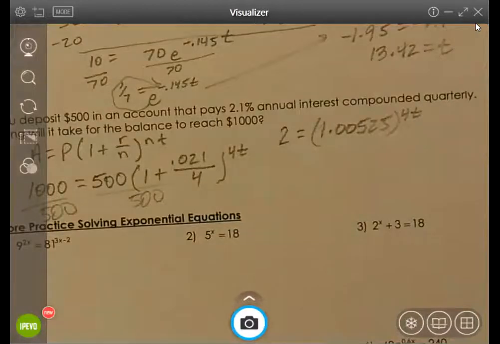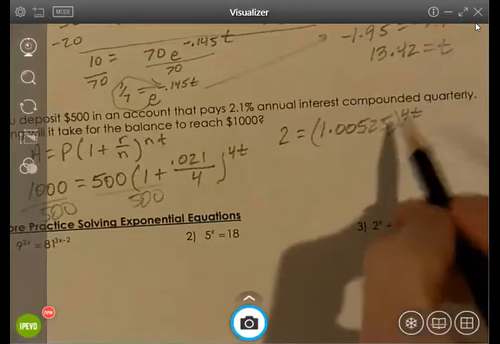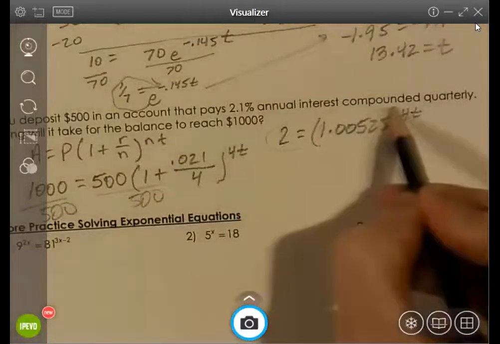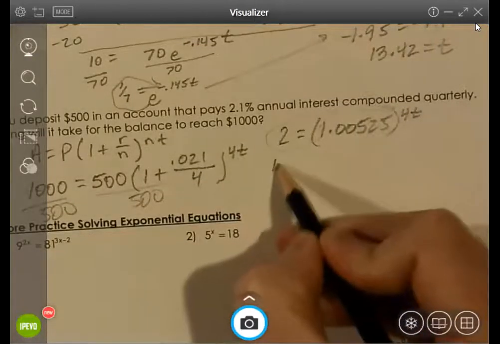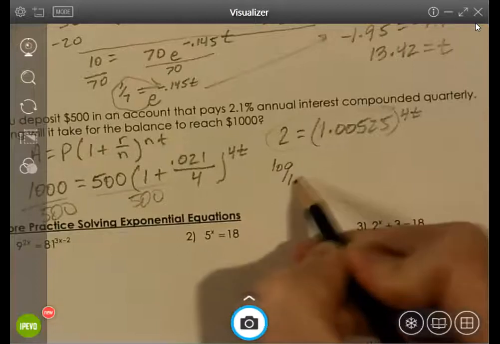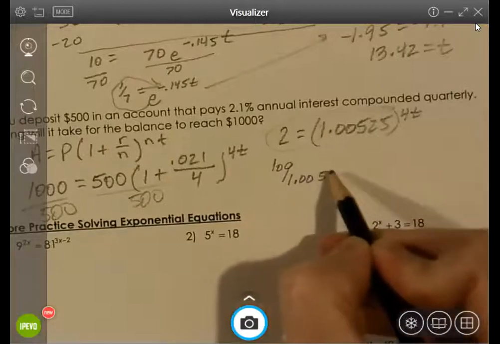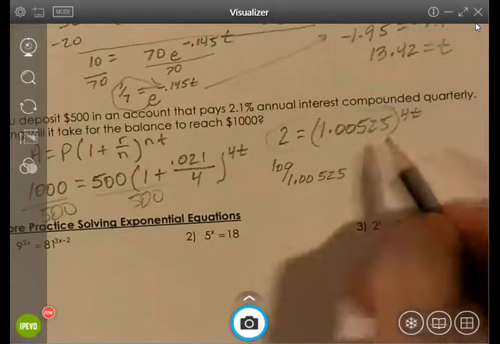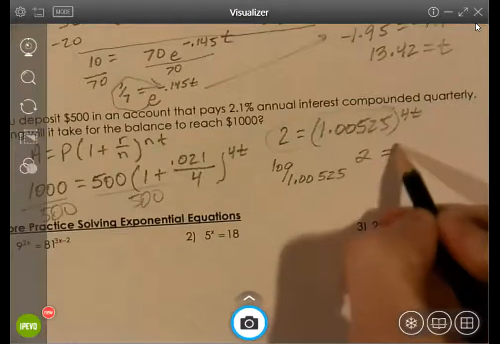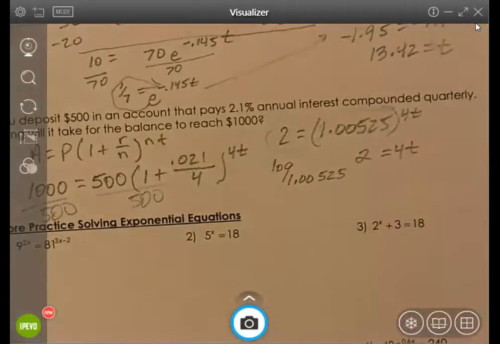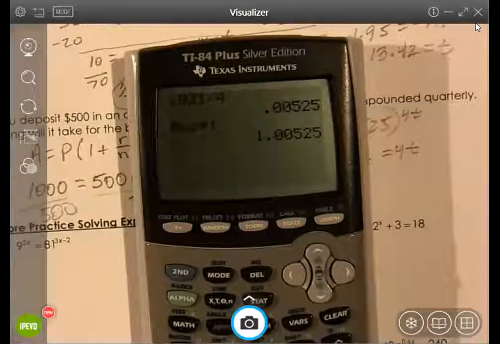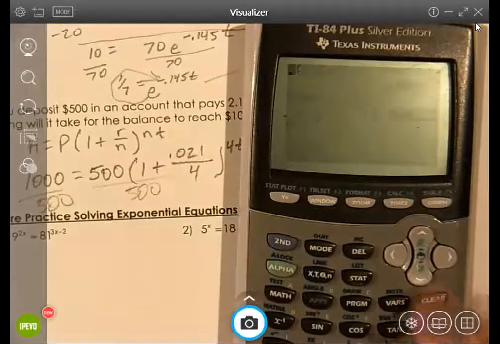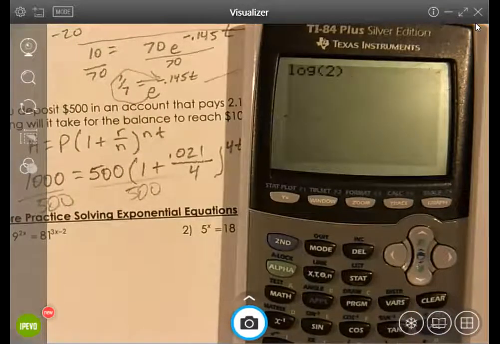Now we're solving for an exponent. So to solve for the exponent, you're going to say the log base 1.00525 of 2 equals 4t. Well, that's going to be the same thing as log of 2 divided by log of your previous answer.